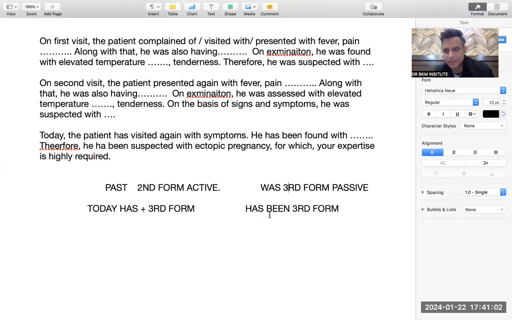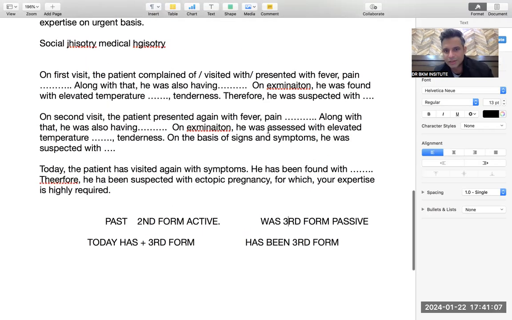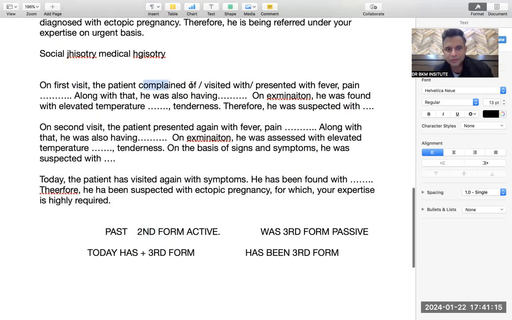Was third form, has been third form. See, he has been found with, he was found with. Past: was/were third form; present: has been third form. Passive. Active: patient complained of, active in the past. Present: has plus third form, active, because patient has visited by himself.